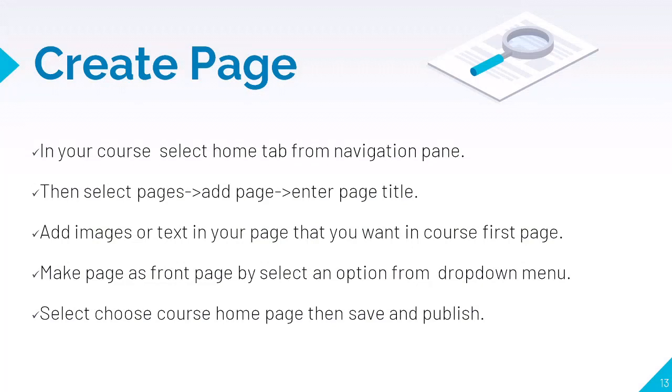Then move on to create a page. In your course, select the Home tab from the navigation pane, then select Page, Add Page and enter the title of the page. You can add an image or text in your page that you want in your course. Make the page a front page by selecting an option from the drop-down menu and select Choose Course Home Page, then save and publish.